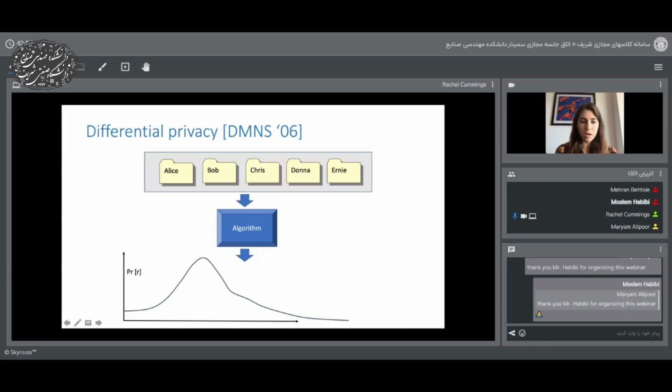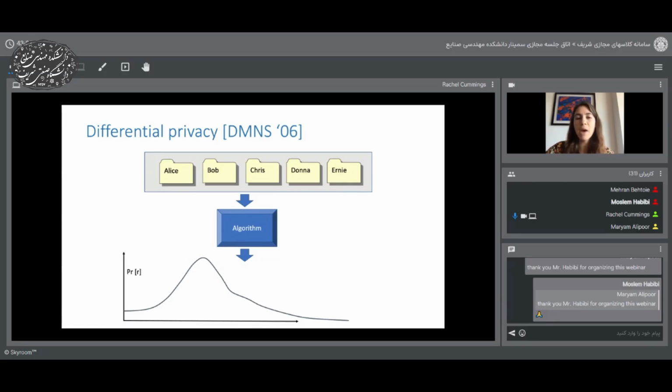Here on this x-axis, we're going to have all possible things that may be produced by this algorithm. And on this y-axis, I'm showing the probability that I produce this thing as a result of running this algorithm on this particular data set. So this is basically a PDF of the outcomes of this algorithm instantiated on this particular data set.